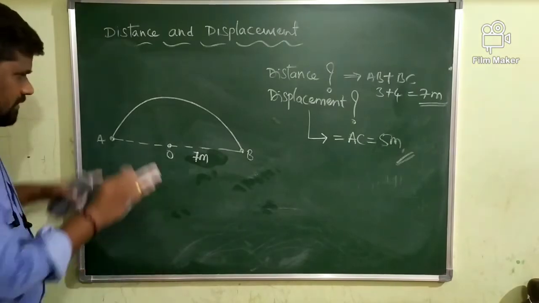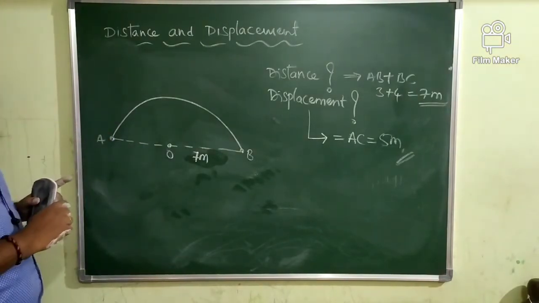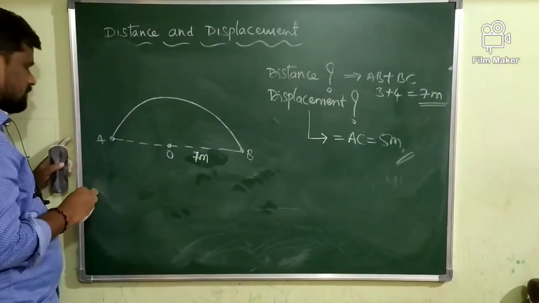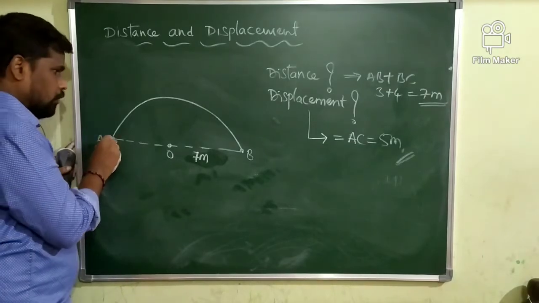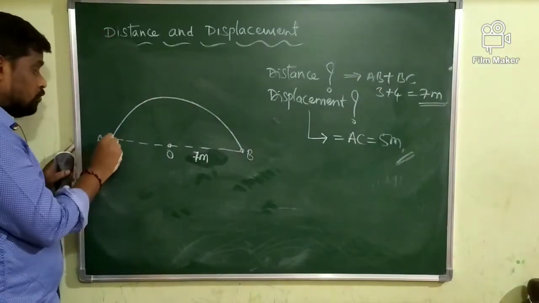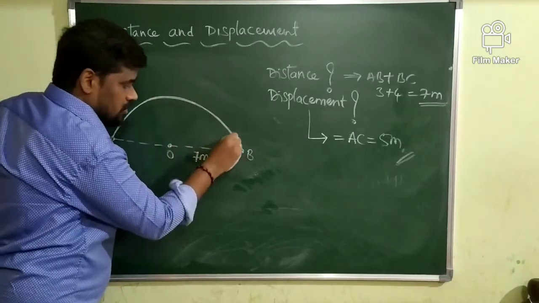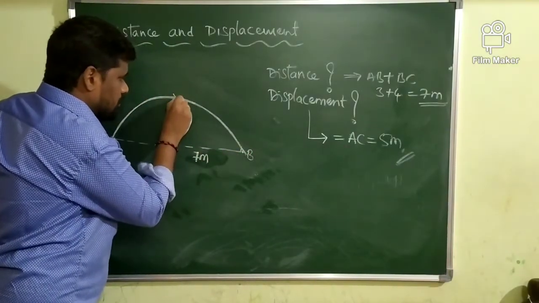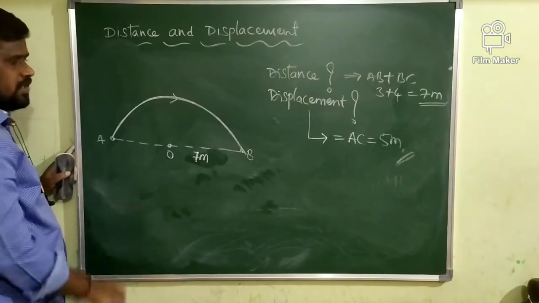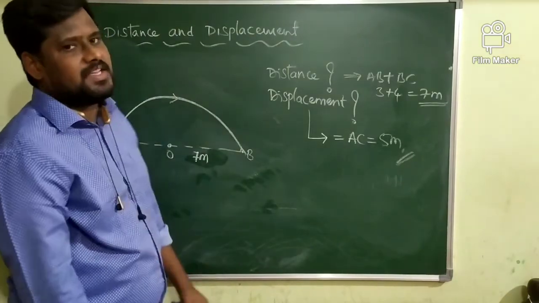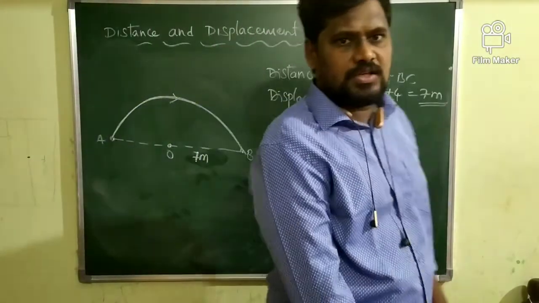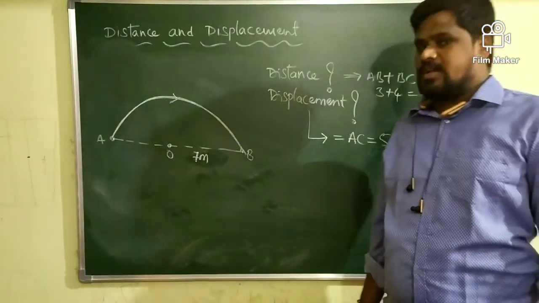So look at the example here. Body is moving along a semicircular path, from A to B. So my question is, what is the distance in this case? Recall the definition.